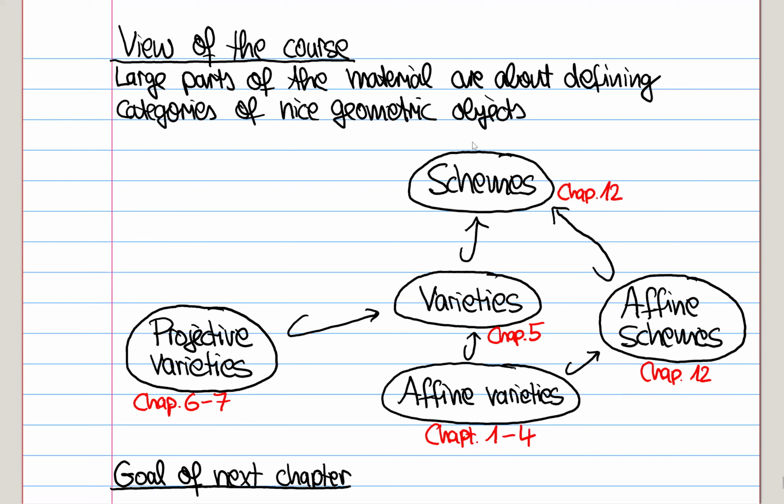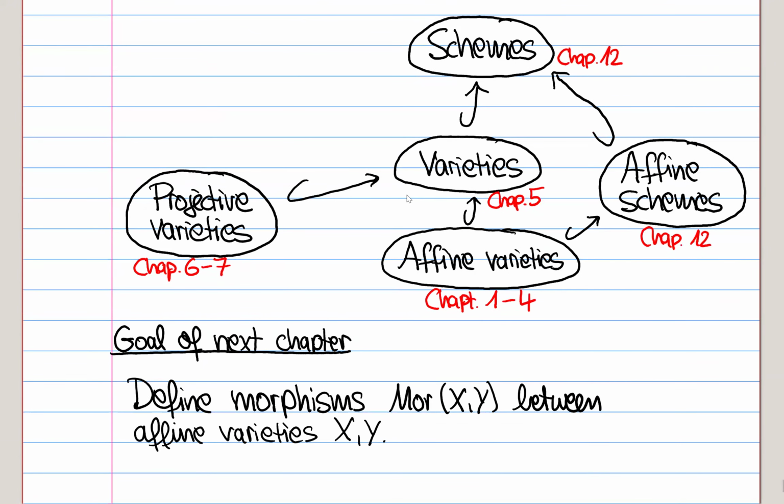And that's the big goal of the course, to say what is a scheme, because that is the modern language in which algebraic geometry happens. But for now, this is still far away. And the goal of the next chapter is just taking these affine varieties, which we already have, and defining what it means to be a morphism from X to Y.